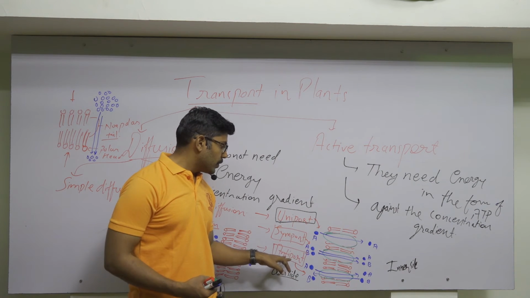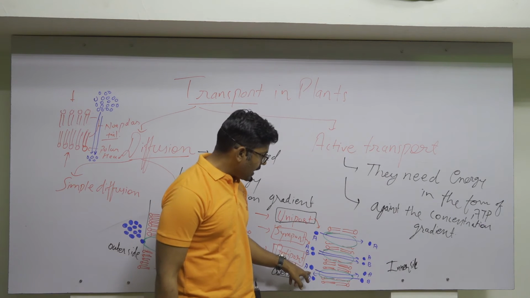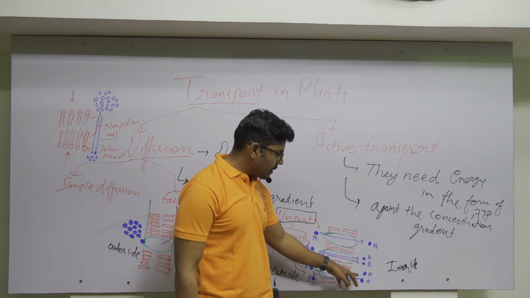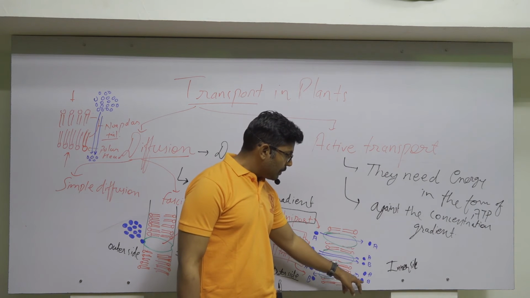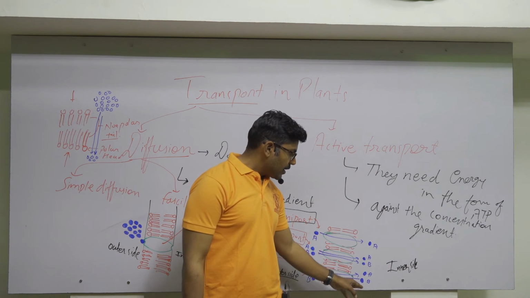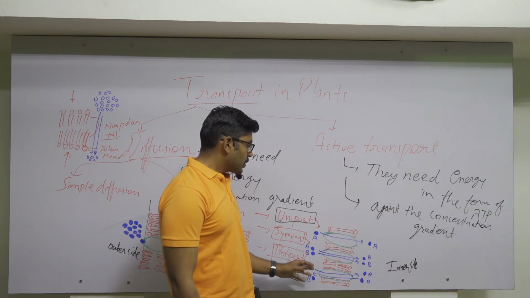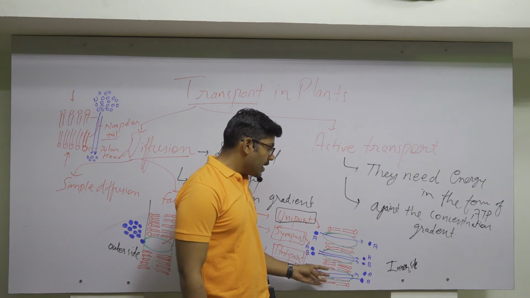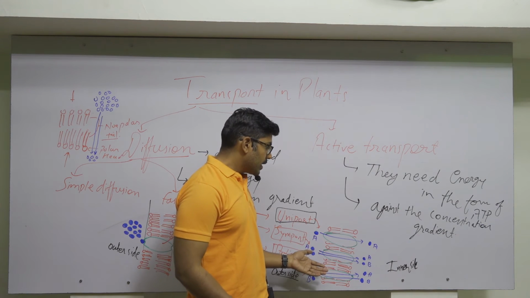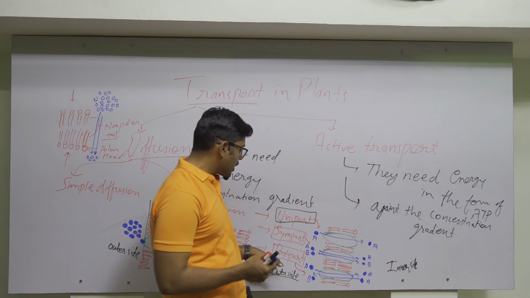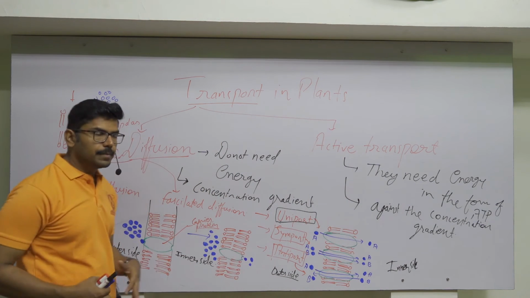Here molecule A will be transported from the outer side to the inner side, whereas molecule B will be transported from the inner side to the outer side. They are transported in opposite directions, so that is why it is called antiport.